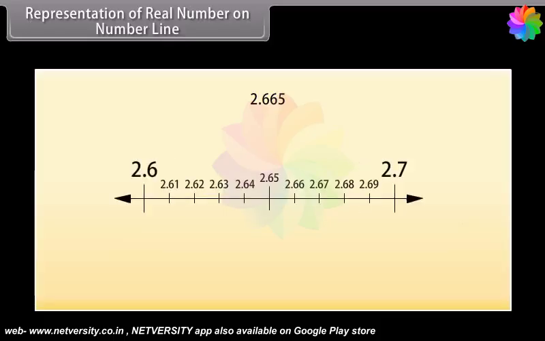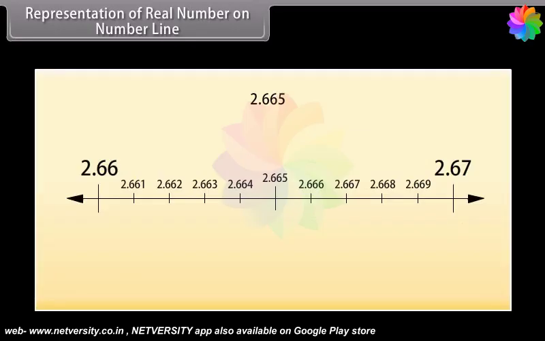Now focus on the portion between 2.6 and 2.7. Divide this again into 10 equal parts. The first part represents 2.61, the next 2.62, and so on. Again, 2.665 lies between 2.66 and 2.67. Let us focus on this portion of the line and imagine dividing it into 10 equal parts.